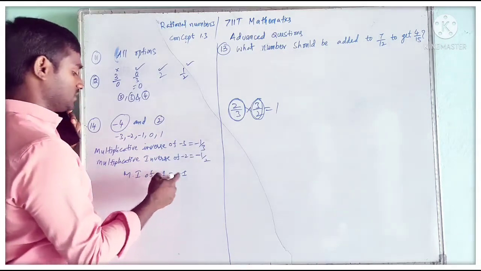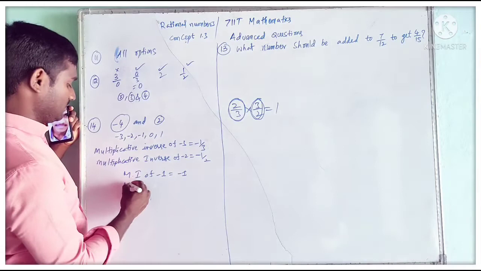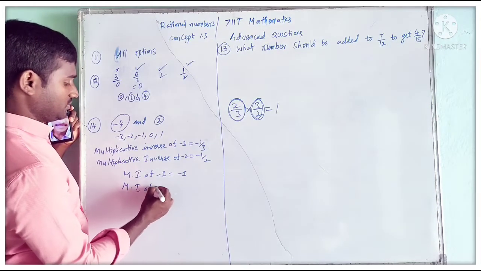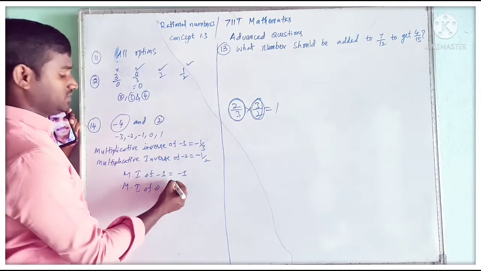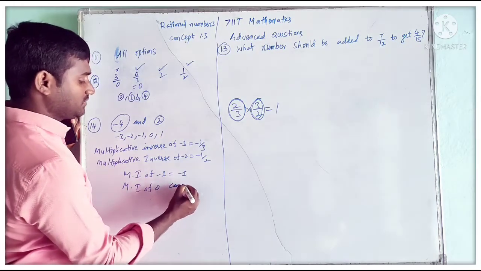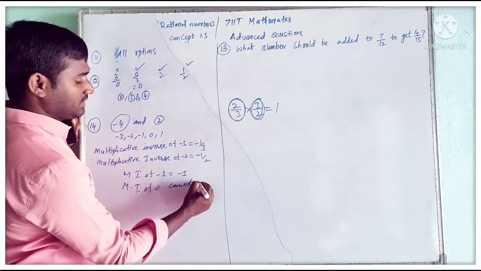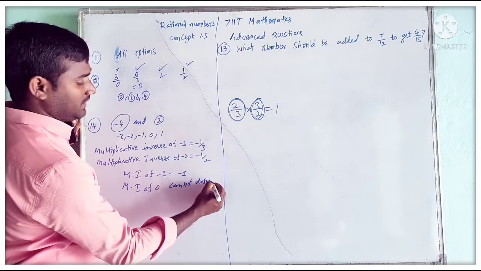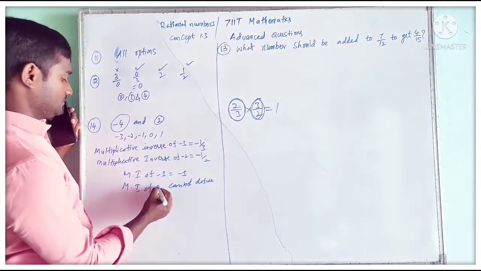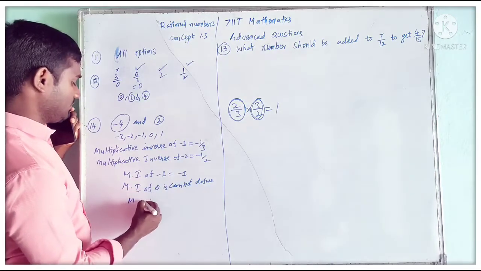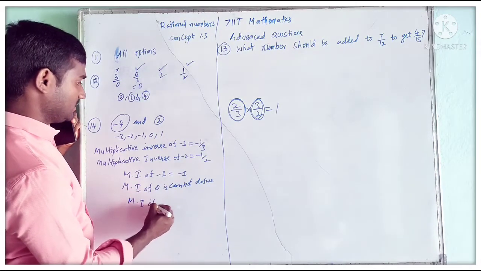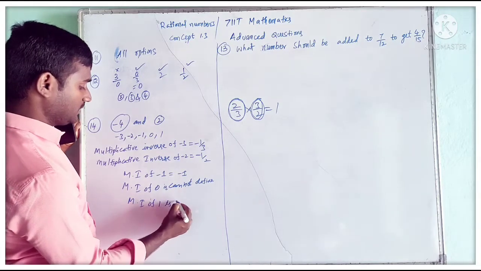Here you remember, the multiplicative inverse of 0 is 1 by 0, so we cannot define it. The multiplicative inverse of 0 cannot be defined, so it is undetermined. And the multiplicative inverse of 1 is 1 only.